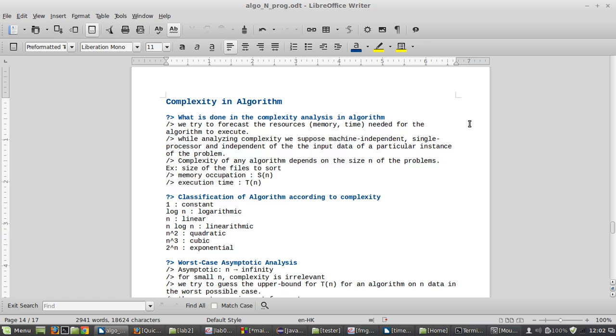The complexity of any algorithm depends on the size of the problem. This is the concept that you have to understand: it is going to depend on the size of the problem. Any kind of size can occur, and the important conceptual thing is that the complexity overall depends on the size of the problem.